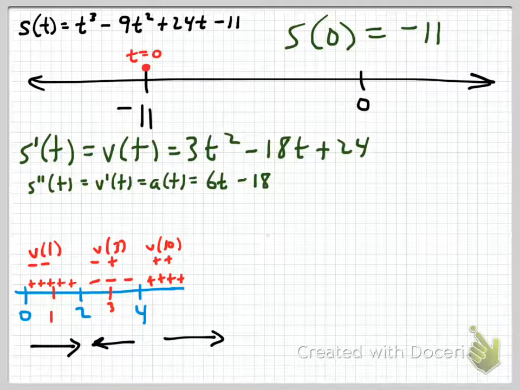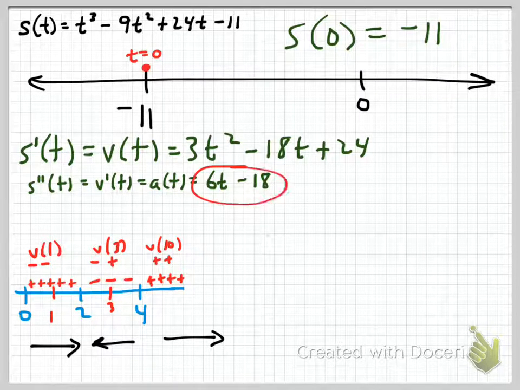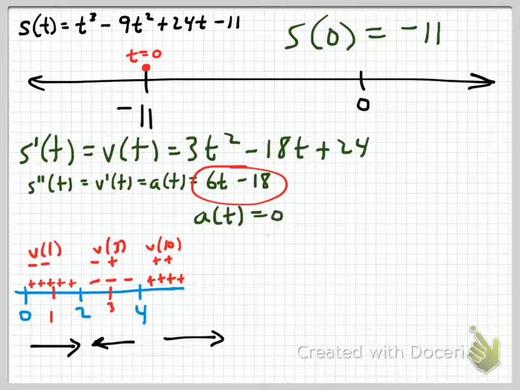So we want to look at the acceleration, because remember, when the acceleration and velocity are working together, the particle is speeding up. Okay, so we want to know when the acceleration is 0. So the acceleration a of t is 0 when 6t minus 18 is equal to 0.